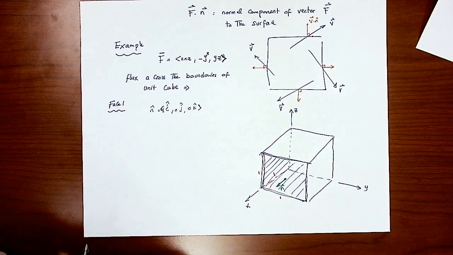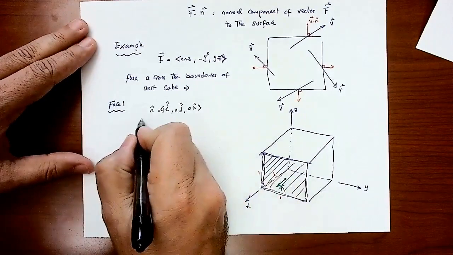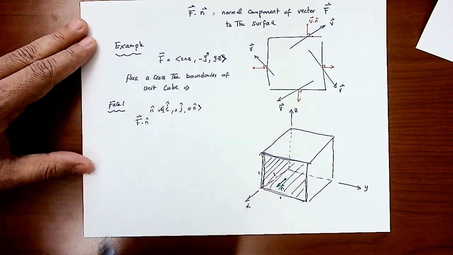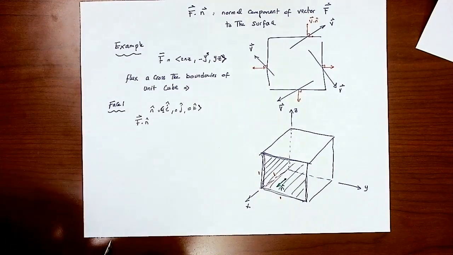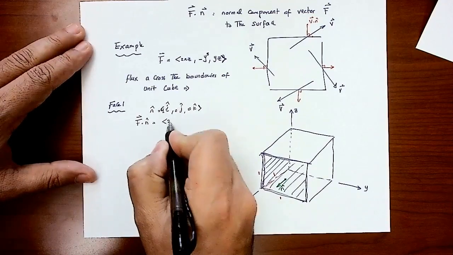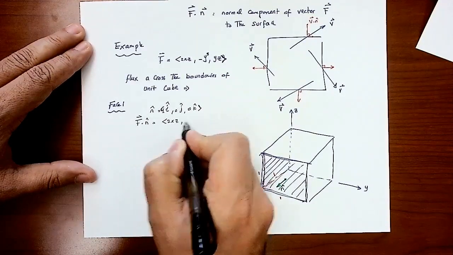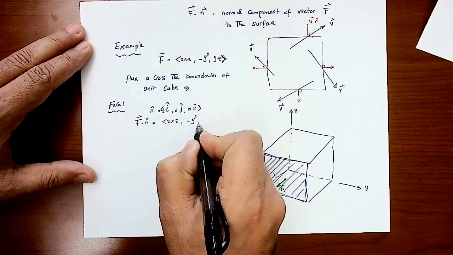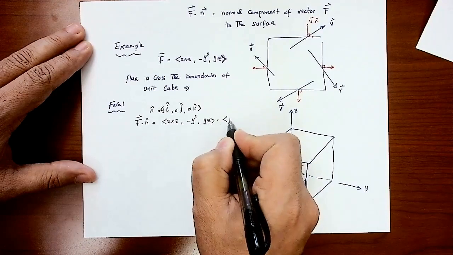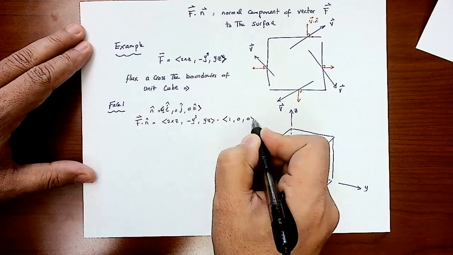To calculate the flux, first let's get f dot n, right? That's the normal component to that face. So this would be simply (2xz, -y cubed, yz) dot (1, 0, 0).